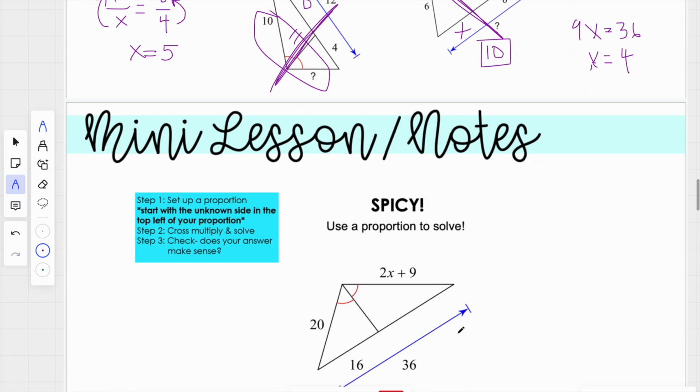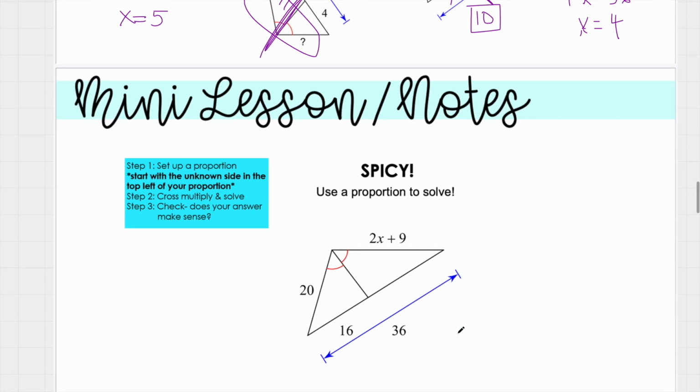All right, last one. This one is a little bit spicy, okay, because we have an expression here, all right? Well, I think that you know that this piece is going to be 20, correct?